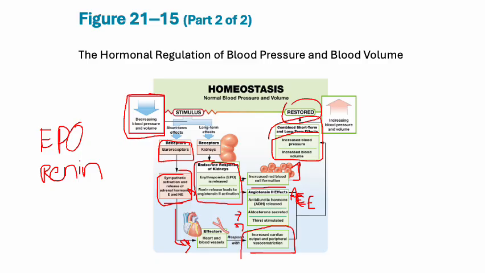It helps to stimulate the production of aldosterone and increase thirst. So all of those things happen because of these original secretions from the kidneys, EPO and renin.